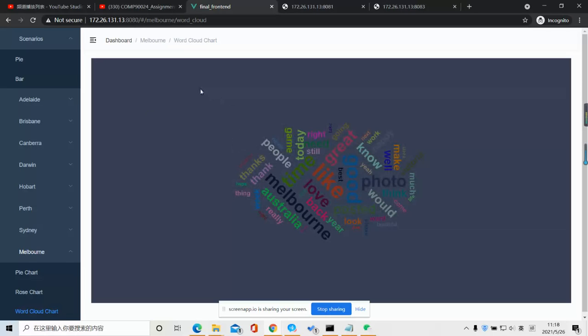So, for example, in Melbourne, these words are posted on tweets most often: good, Melbourne, love, back, Australia, and so on. These words are posted most frequently on tweets in Melbourne. And that's all the charts about Melbourne, and the same is for Sydney.